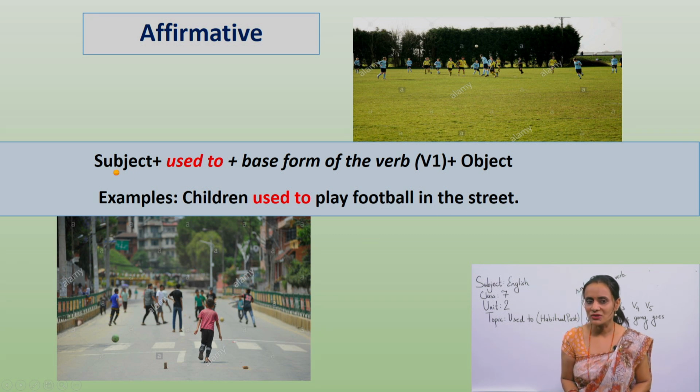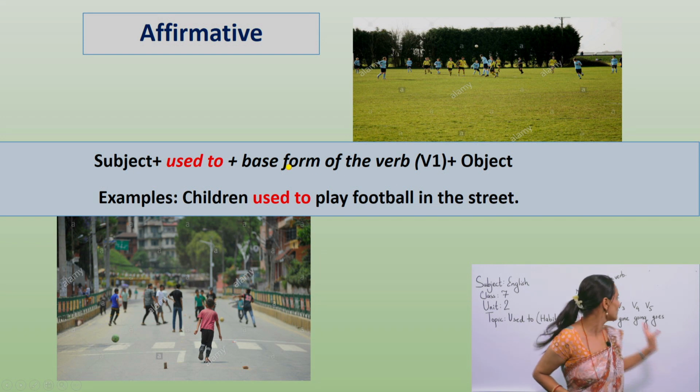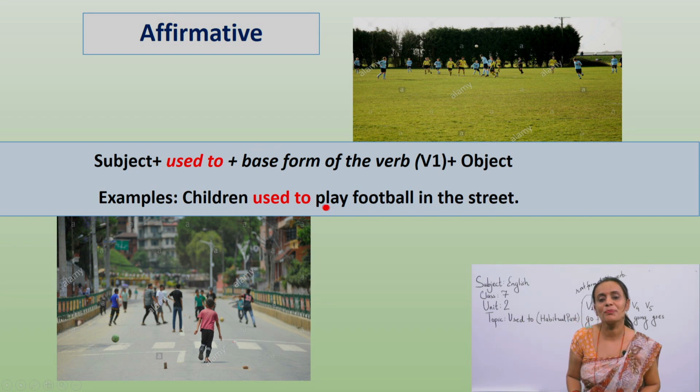And we are applying the structure here. First of all, children is the subject. Used to is here. The base form of the verb, or verb 1, or the root form of the verb, is kept here as play. Play is verb 1 and football is the object. So we have applied the structure of affirmative sentence here.